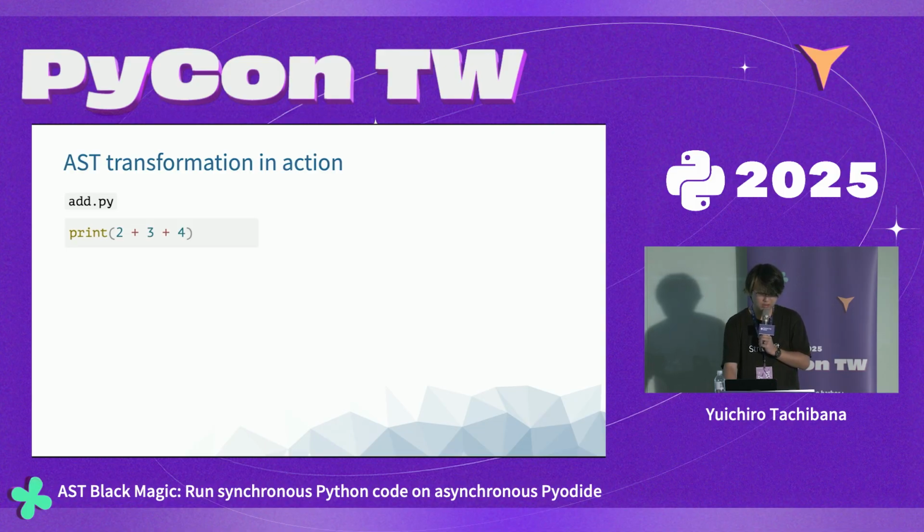The example here includes add.py, which has a single line printing the result of 2 plus 3 plus 4. If you execute this add.py file with the python command, as expected, you will get the result 9. That is the result of 2 plus 3 plus 4.